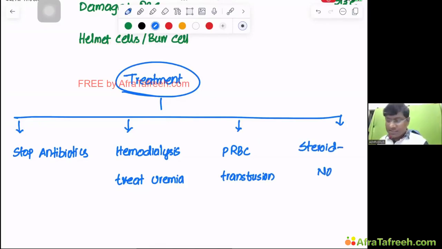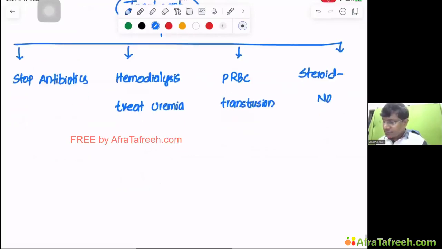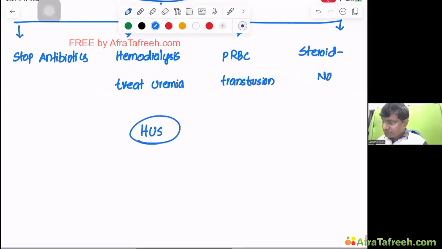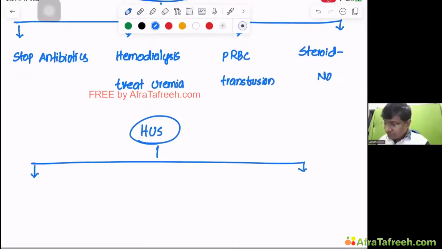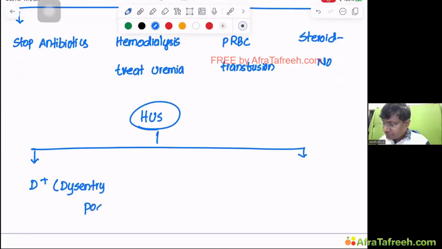Okay, and this hemolytic uremic syndrome we classify into two types based on whether dysentery is present or absent. So we classify it as D plus, dysentery positive hemolytic uremic syndrome.